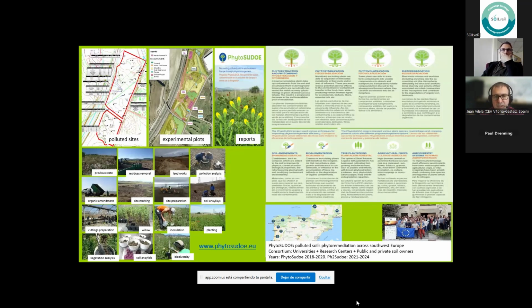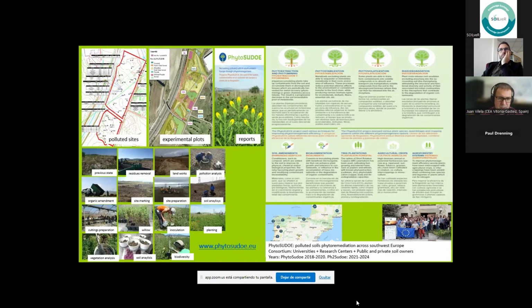So the plants, trees and crops that we were using to decontaminate the soil would later be the trees and the shrubs of the park. This is a summary of the strategies we were using, such as soil amendments, bioaugmentation, tree plantations, agricultural crops, and agroforestry systems.